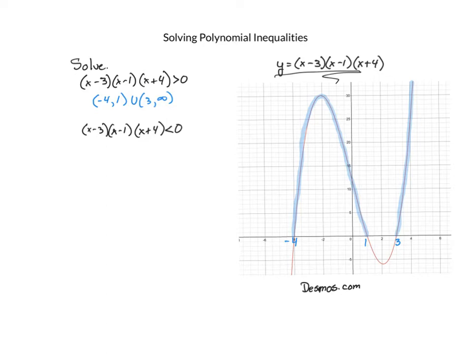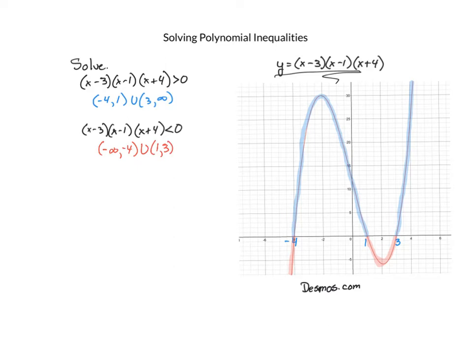In other words, where is the graph below the x-axis? Now notice right here, to the left of -4, and in between 1 and 3. So our solution to this inequality would be -infinity to -4, union 1 to 3.